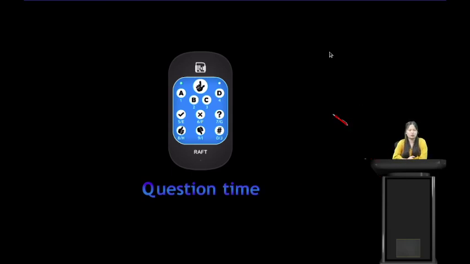Then the second model of the atom we discussed is Ernest Rutherford's model. In order to study the structure of an atom, Rutherford designed an experiment called Rutherford's alpha ray scattering experiment.